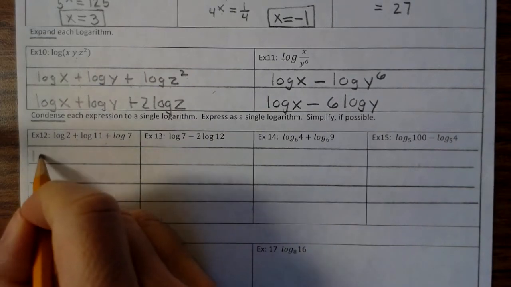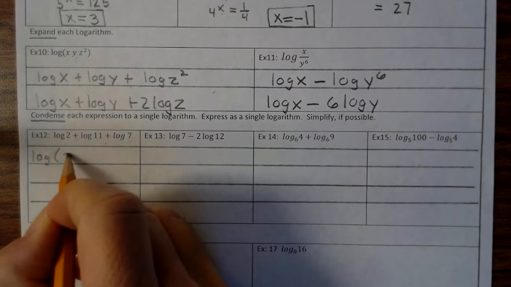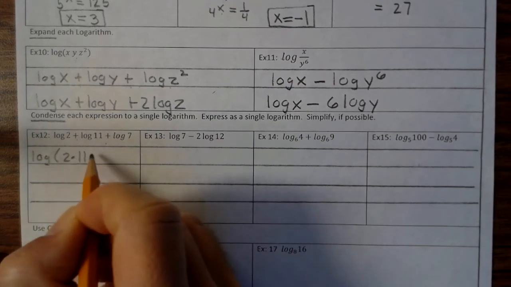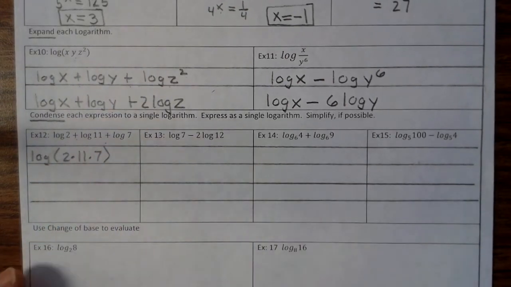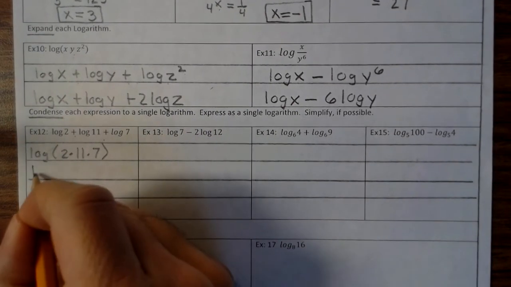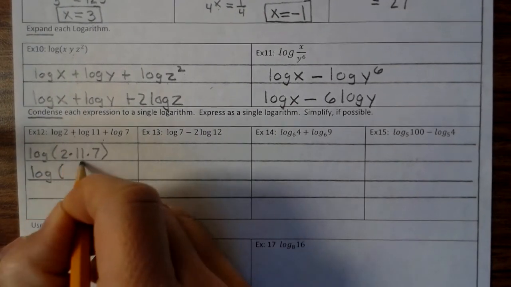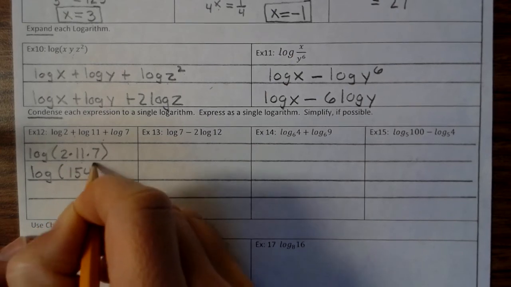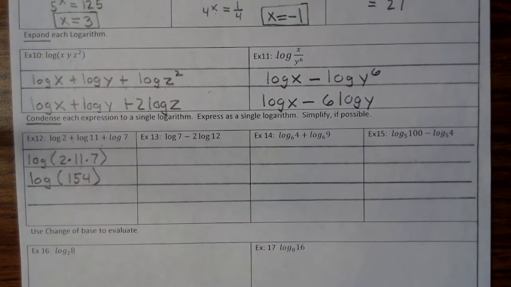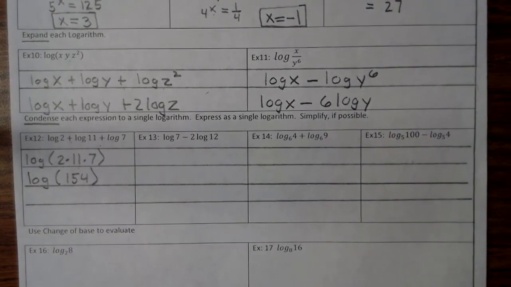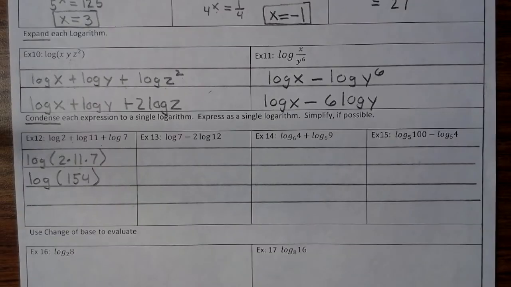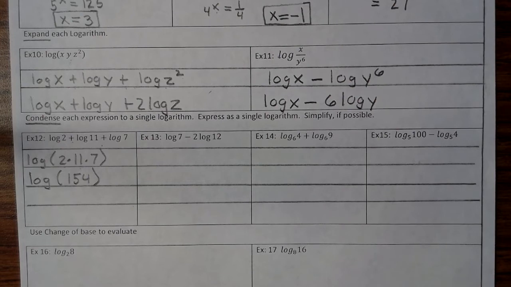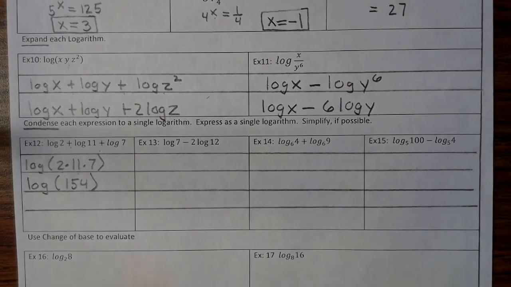So that's log of 2 times 11 times 7, which is log of 2 times 11 is 22 times 7 is 154.